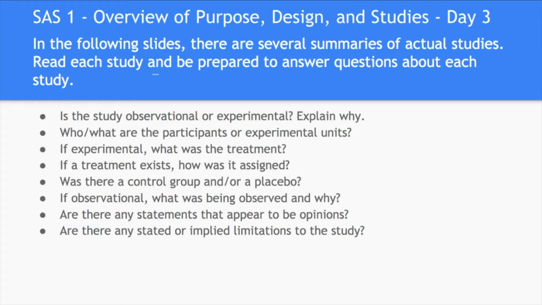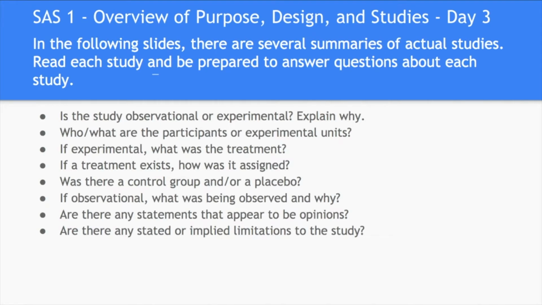If observational, what was being observed and why? Are we looking for preferences? Are we looking for results? Are we looking at the difference between certain things that happen? Are there any statements that appear to be opinions? That's important. Remember that when we do a survey and we're asking people to answer questions, if the question is based on emotion, generally speaking, you're not going to get a really good assessment of what you need to find out.